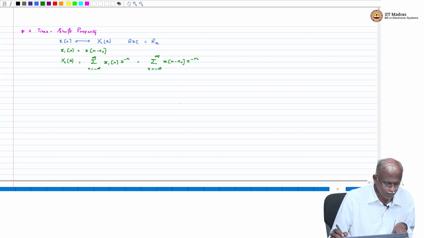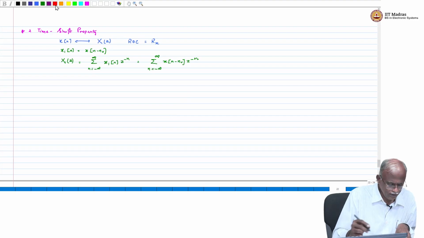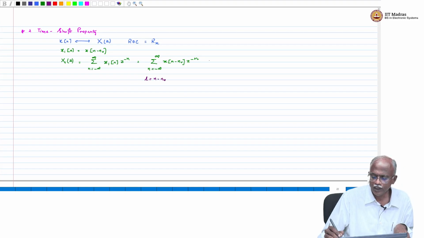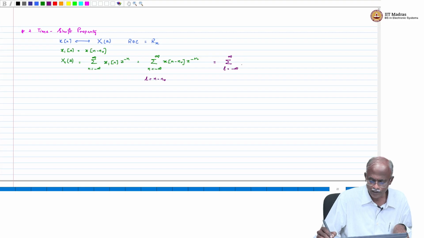I will do a simple change of variable where L will be equal to n minus n naught. So this is now summation L equal to minus infinity to infinity, x of L z power minus n, where n is equal to L plus n naught.